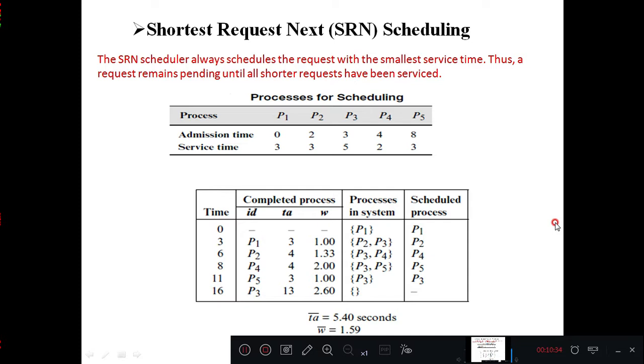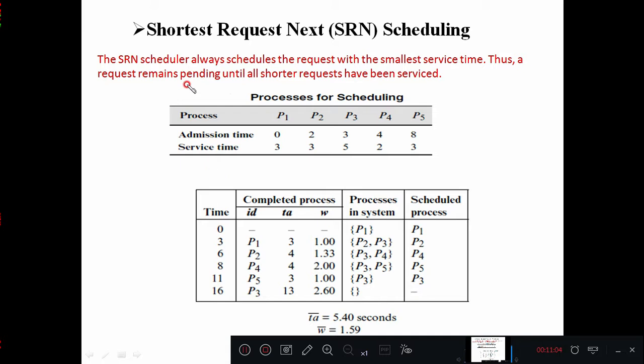The processes are scheduled on their service time or request time. Suppose process P1 has a smaller request time, then it will be scheduled first. Let us say P5 has a smaller service time, then it will be scheduled next, instead of scheduling the other processes. So let us start the discussion.